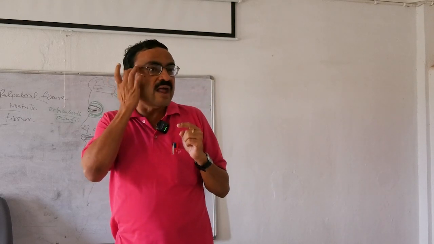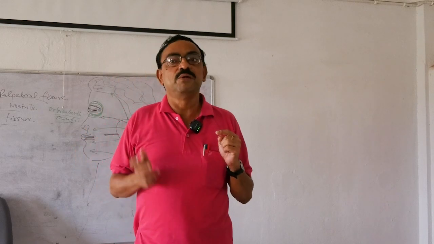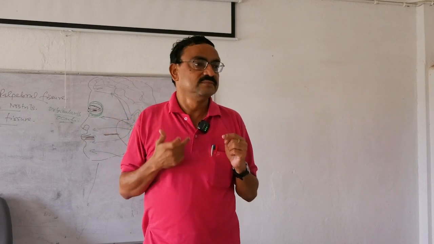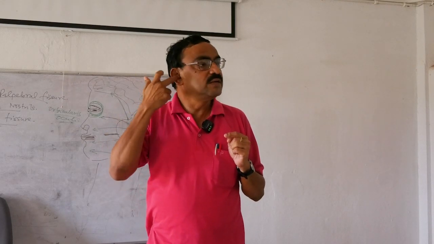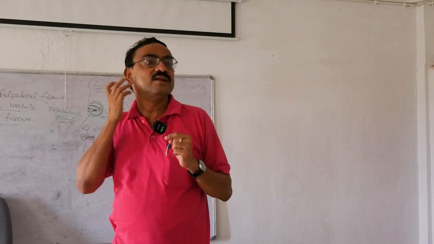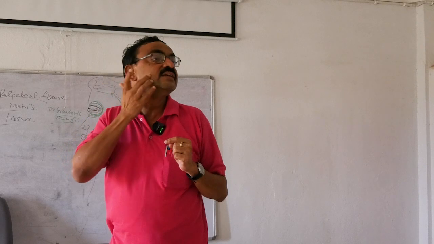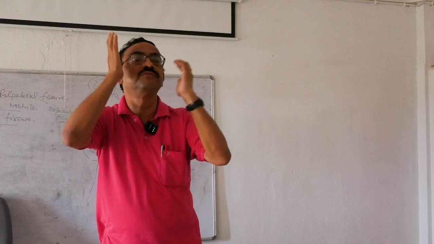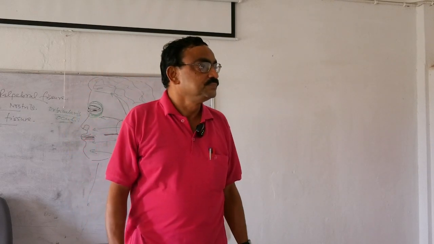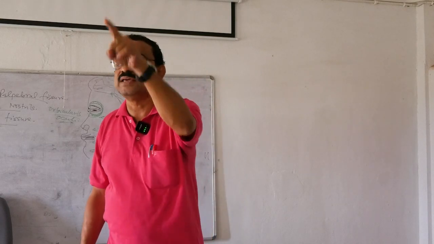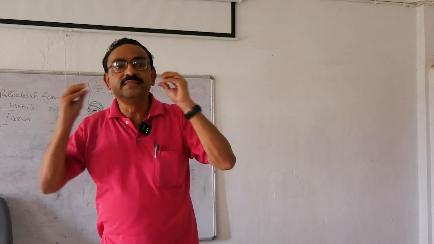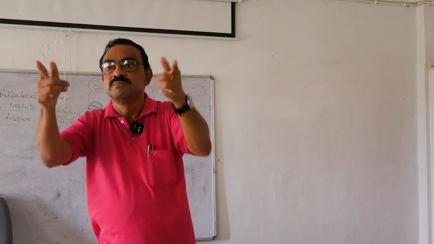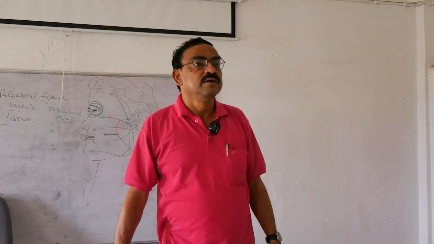Here we are getting around the ear one gland which is called parotid. Around the ear, otid means ear, parotid gland. So that gland and this muscle have a common deep fascia, which is the continuation of the deep cervical fascia, called parotidomasseteric fascia.